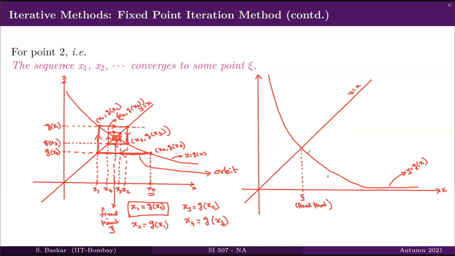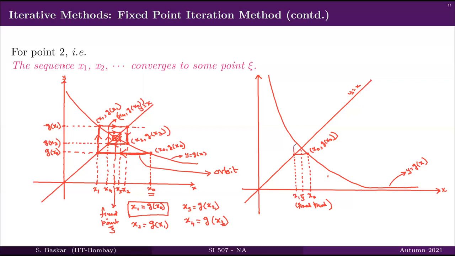And this time, let us take our initial guess x naught very close to xi at this location and see what is going to happen. As we know, this is the point x naught comma g of x naught, right? Once we have g of x naught, now we can locate the point x1 by drawing the line y equal to g of x naught and see where it intersects the line y equal to x.